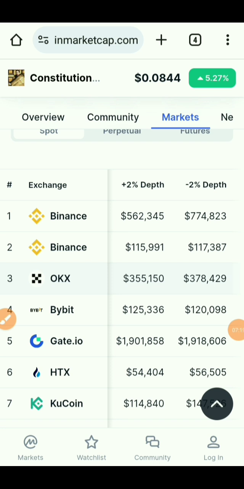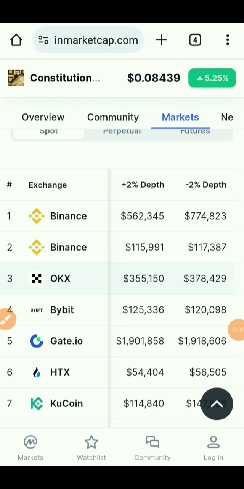What this actually means is that the plus 2% are the amount of people who are willing and ready, who have placed their orders to be executed when the price of this coin goes down by 2%. And the minus 2% depth are the people who have already placed their orders to be executed when this token rises by 2%. I believe you understood what I mean.